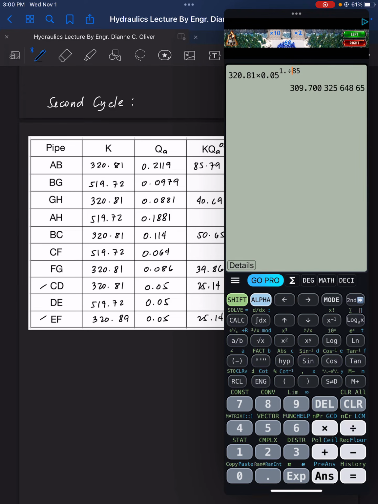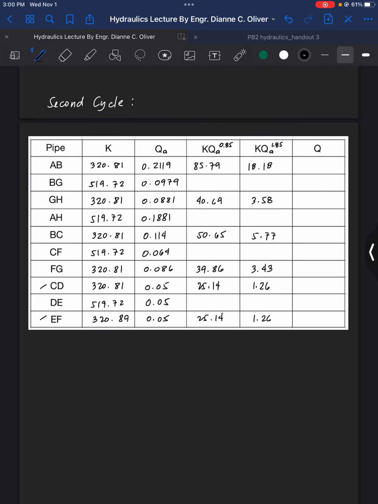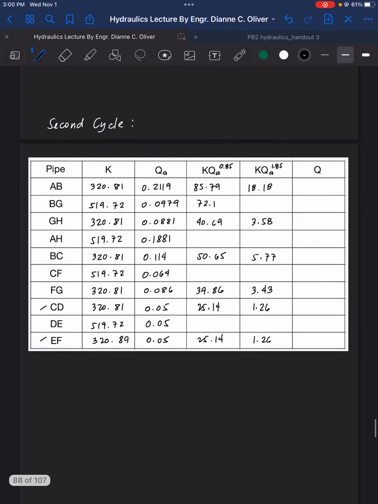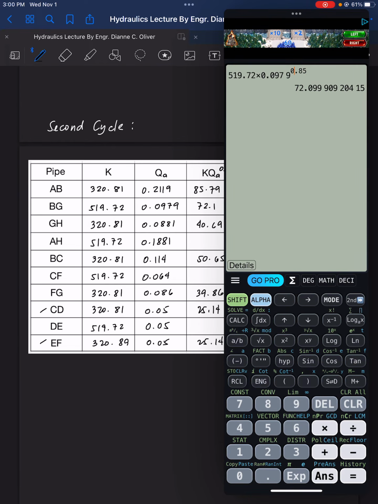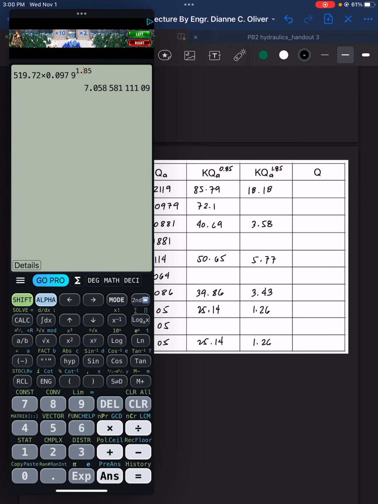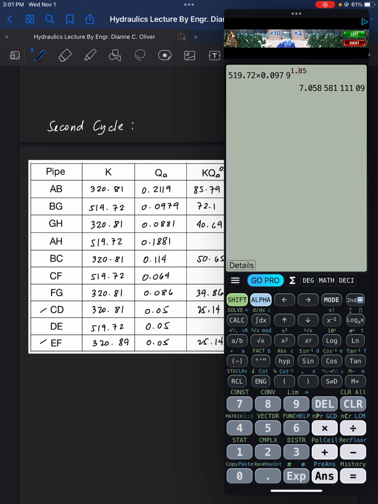Then next we have 519.72 times 0.0979 raised to 0.85, so 72.1. Then 7.06. So 519 times 0.1881, 125.6.